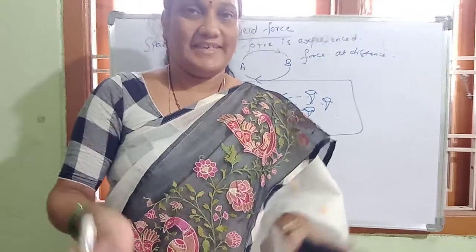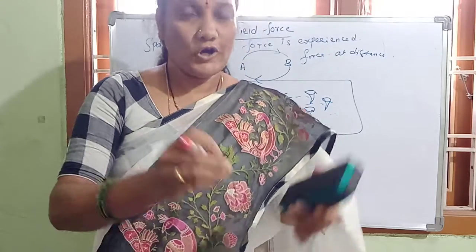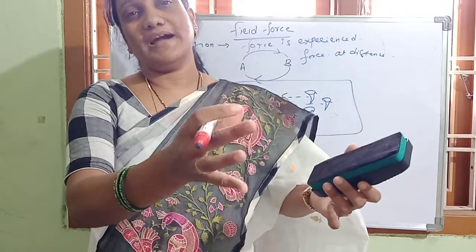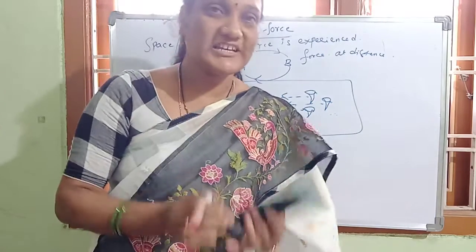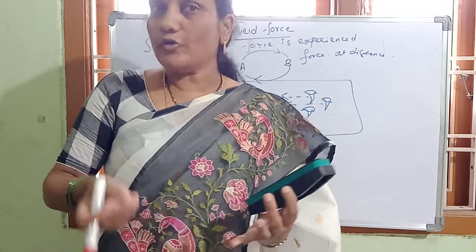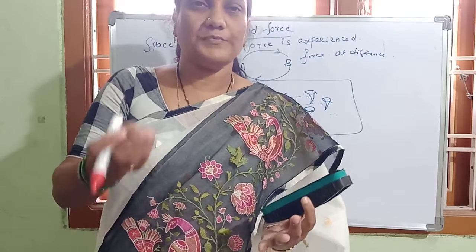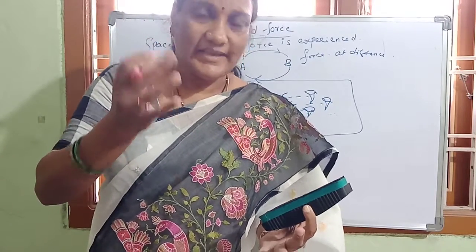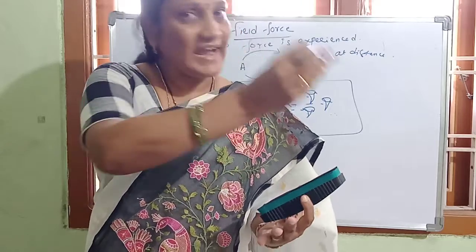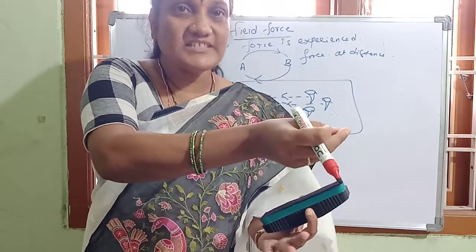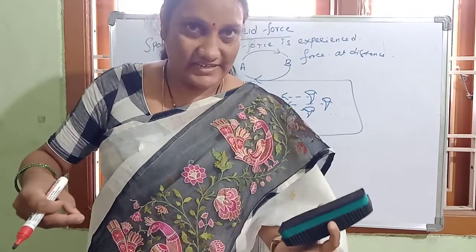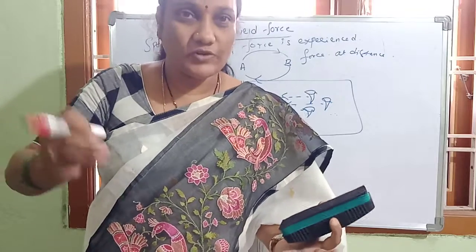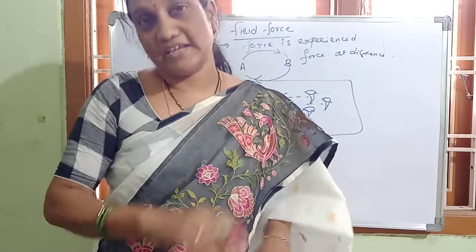That force exerted by the magnet on objects, we call magnetic force. Even though there is no physical contact, when an object enters the field produced by the magnet, it automatically experiences a force from that magnet, and that force we call magnetic force.